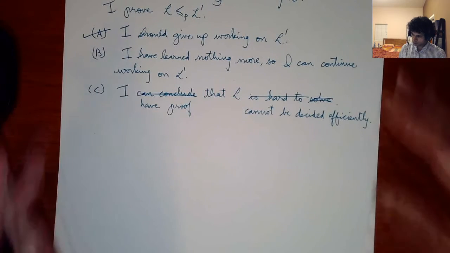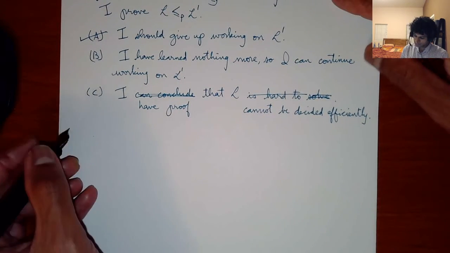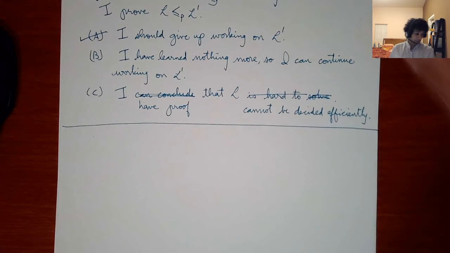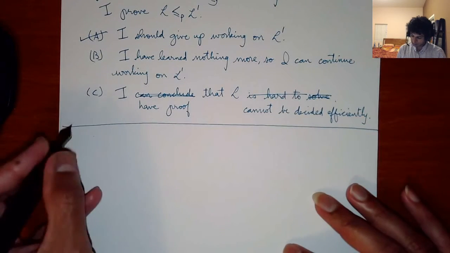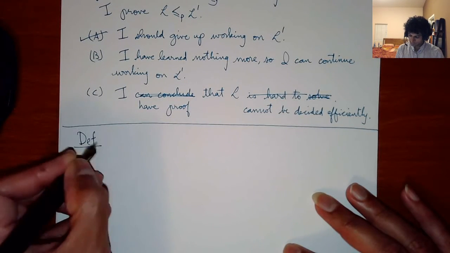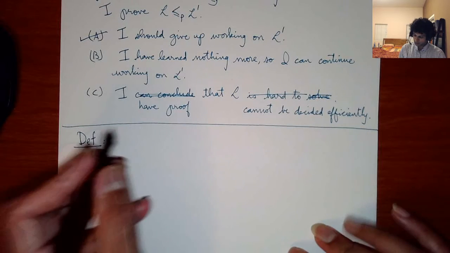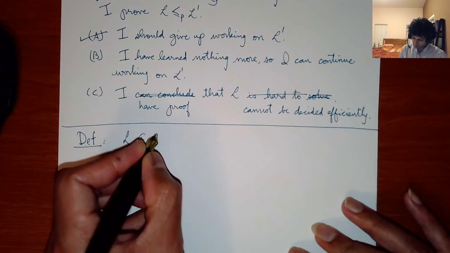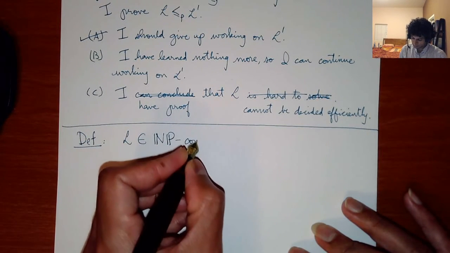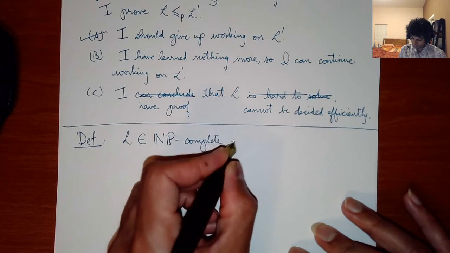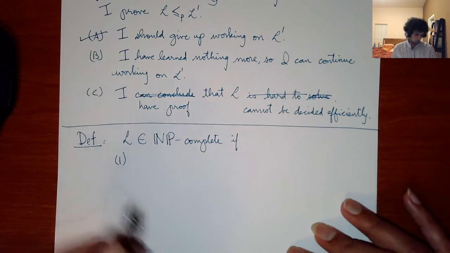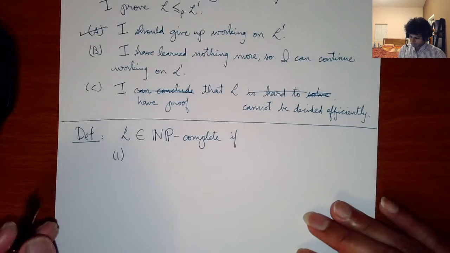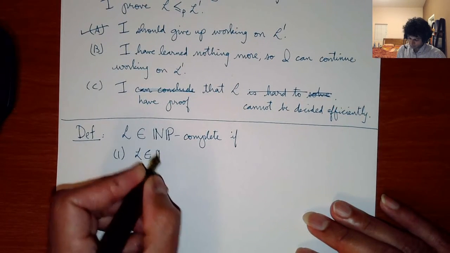So now, with this discussion, let me define what NP-completeness is. L is NP-complete if it satisfies two conditions. L is in NP.